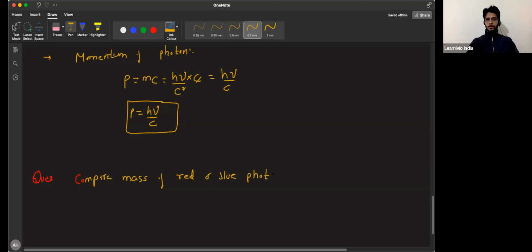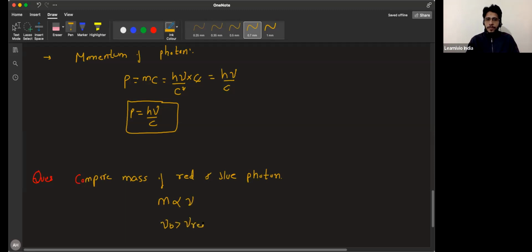Which one is heavier, or do they have the same mass? The blue one is heavier. Why is the blue one heavier? Because its frequency is higher. See, mass is directly proportional to frequency. The frequency of blue color is greater than the frequency of red color.